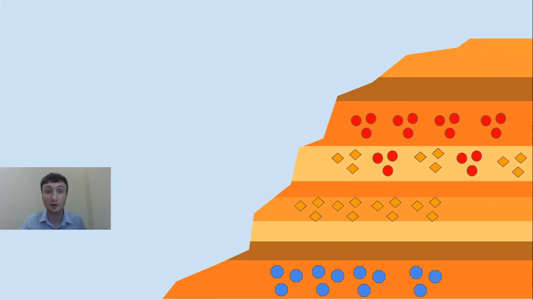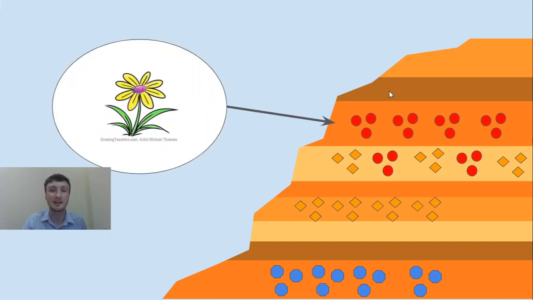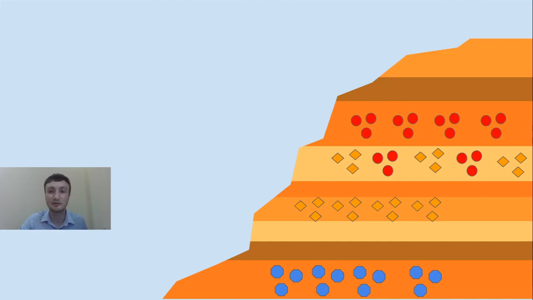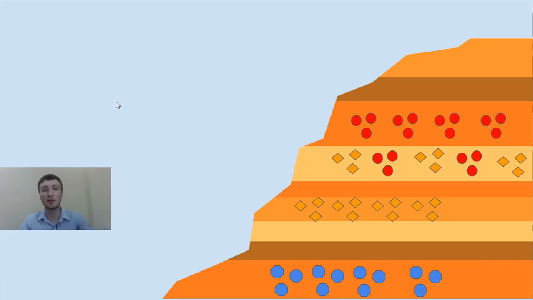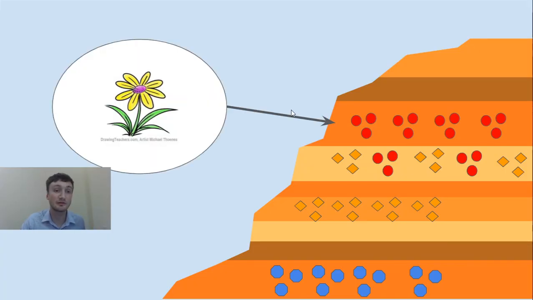But we can look at all the pollen in the rocks and then we can say, I know that this type of pollen, the red round pollen, was yellow flowers. So you can say when this layer of rock was formed, there were lots of yellow flowers. Easy, right?